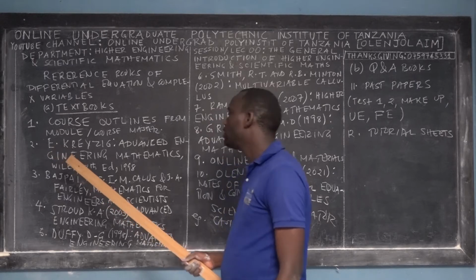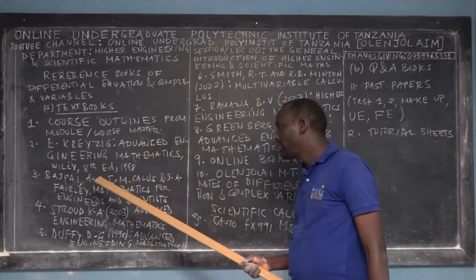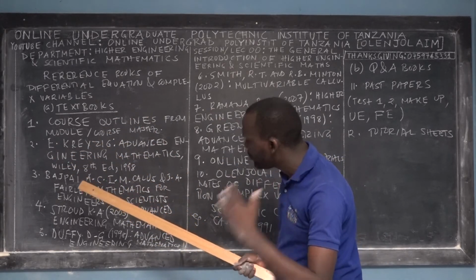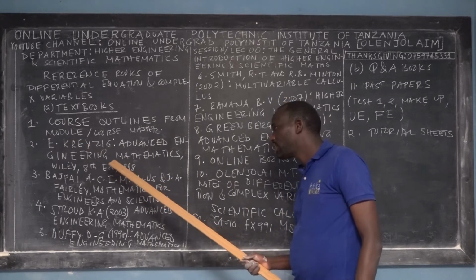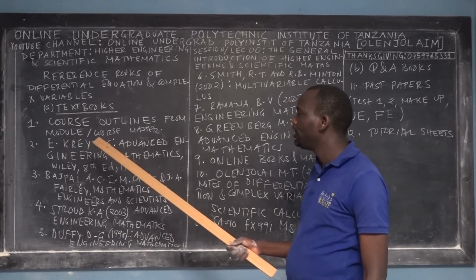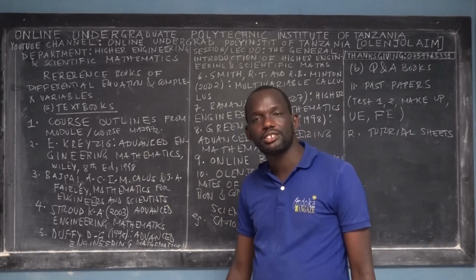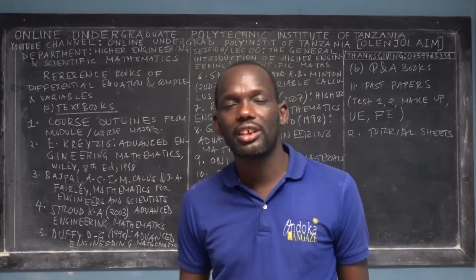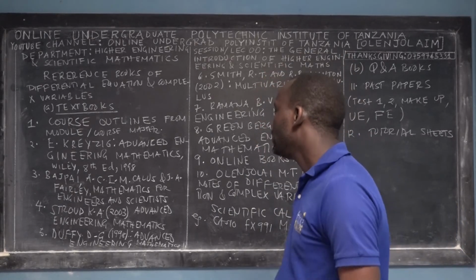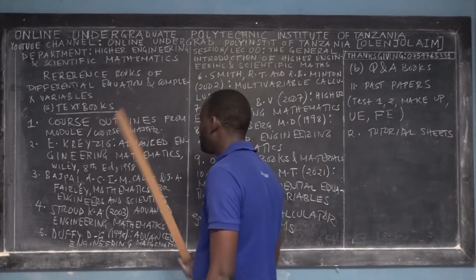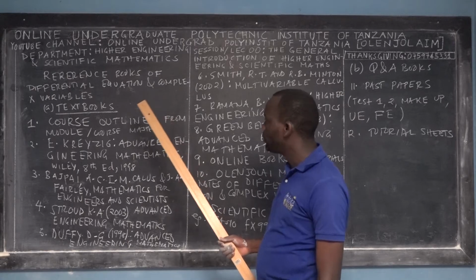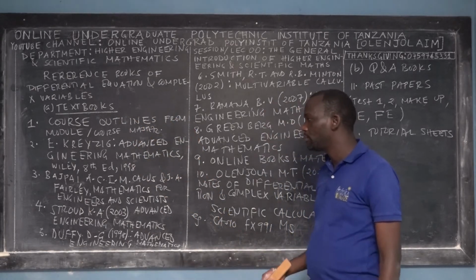The second reference, you may use this book, Advanced Engineering Mathematics, the 8th edition. It explains many concepts about calculus, because the name of our module is Differential Equations and Complex Variables.